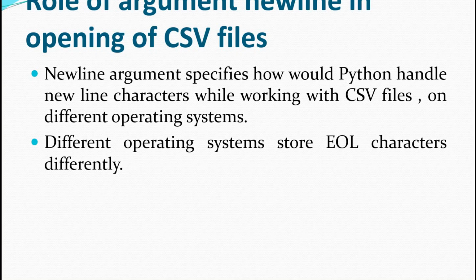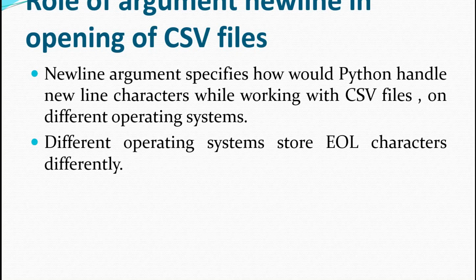By default, if we don't write newline as an argument, it will provide one line gap in spreadsheet software like Excel. If we provide newline equals to quotes open, quotes close without any space, it will not leave any line between the records.